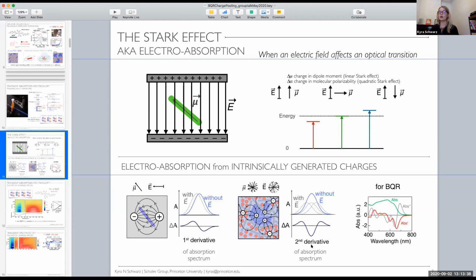And the difference is always going to end up being a second derivative line shape. So if you're interested in these effects and the Stark effect, what you would generally do is take your absorption spectrum and take the first derivative and the second derivative of that line shape. Then you're going to get a good idea as to what these different Stark effects would look like, which can be really useful.